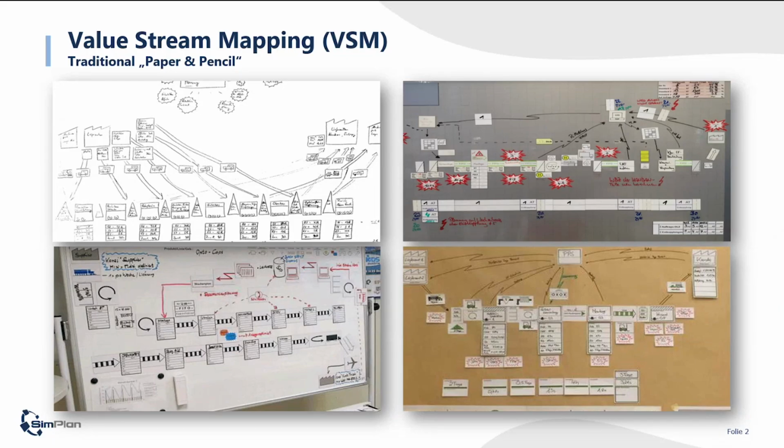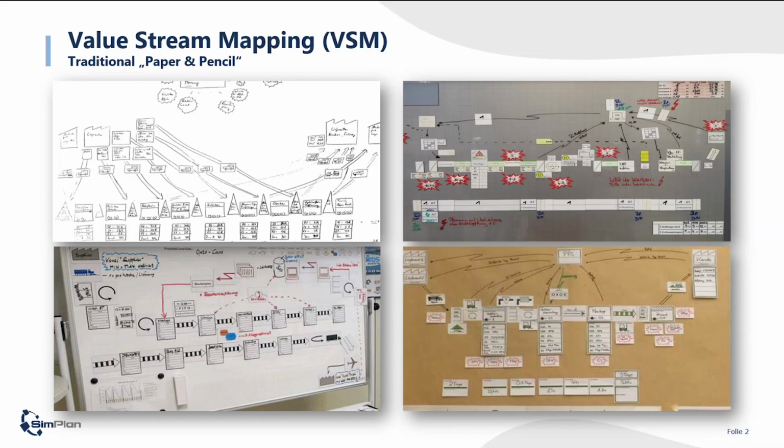Just for a short introduction to value stream mapping, here are four examples displaying how it is done in a traditional way. Normally with paper and pencil on brown paper, you draw your value streams with standardized icons, meaning you can have icons for example for processing, for inventories, for transport, and also for information or order flow, in a pretty simple but standardized way, or at least kind of standardized within each standard and company.